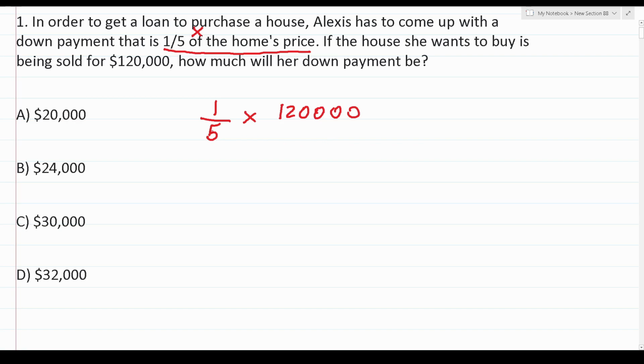And as you can see, we're multiplying a fraction by a whole number. To make this a little bit easier, we can write 120,000 as a fraction by placing it over 1. And once we do that, we're just multiplying two fractions now, which means we're going to multiply straight across. So this is going to become 1 times 120,000 over 5 times 1.